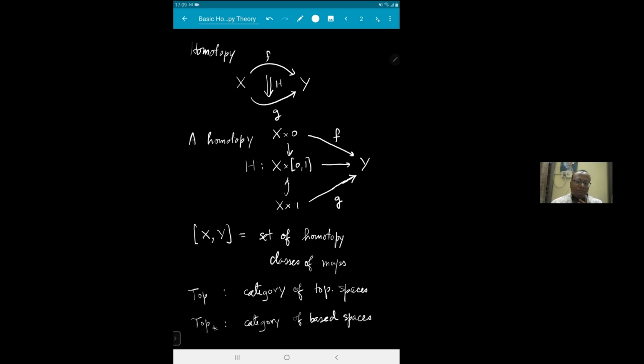It should take the base point cross [0,1] to the base point. So I will put a star, which will denote the based homotopy classes.